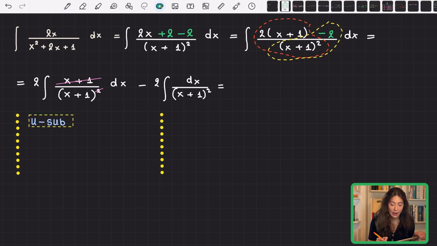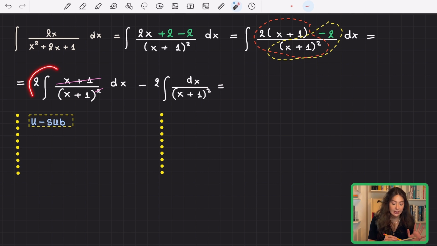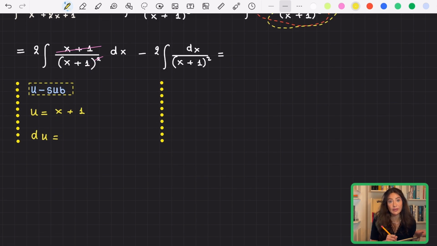and I'm going to do that. And now I'm going to do u sub. These 2 integrals are separate integrals. They need to be respected as separate, sovereign, independent integrals. But it so happens that u for both of these integrals is going to be the same thing, which is x plus 1. So I'm going to do 1 u sub. And if u is the same thing, then du has no choice but to be the same as well, because du is the derivative of x plus 1, and that is 1.